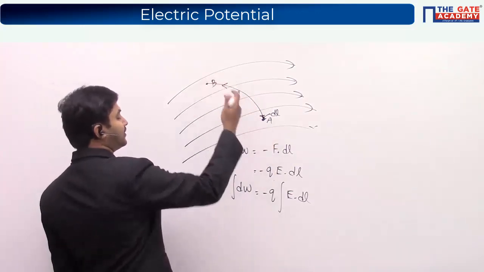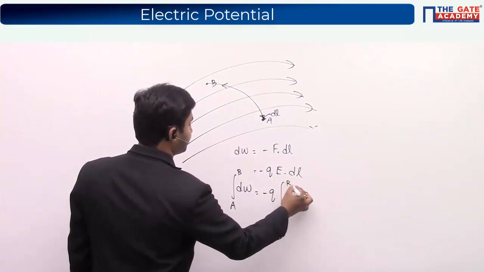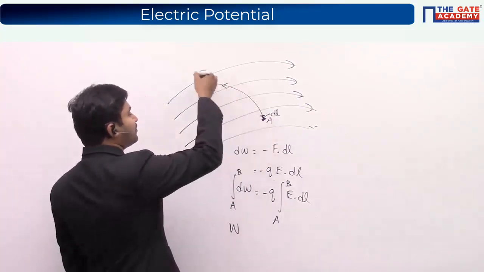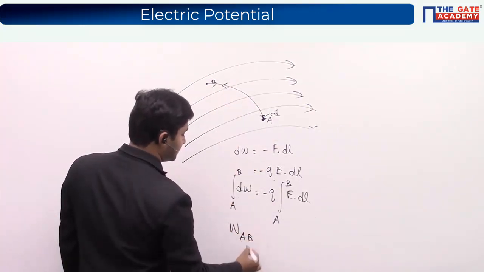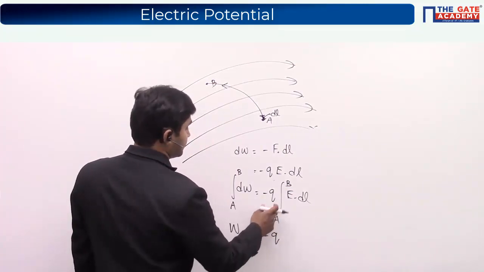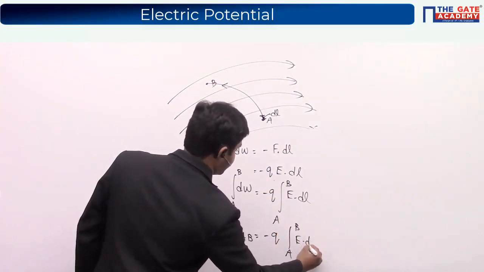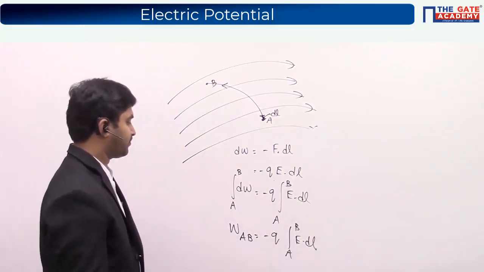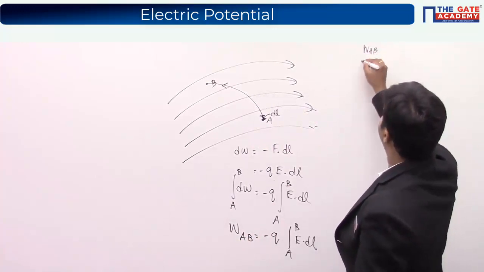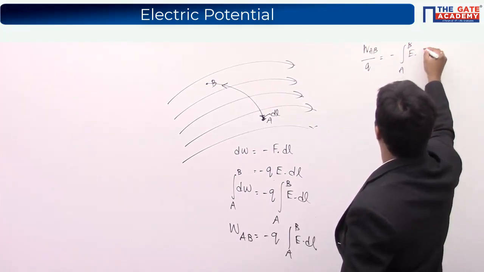I have to integrate from the point A to the point B. So the total work done in moving from A to B, W_AB, is equal to minus Q integral A to B E dot dl. Now I will take this Q to the other side. W_AB divided by Q is equal to minus integral A to B E dot dl.